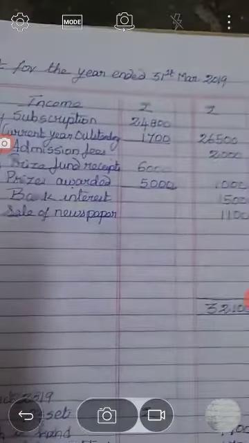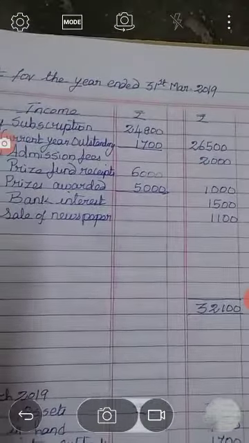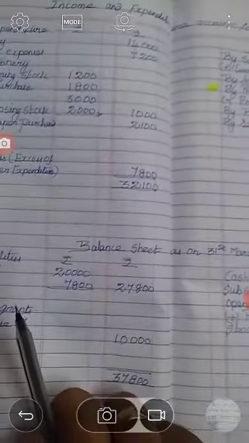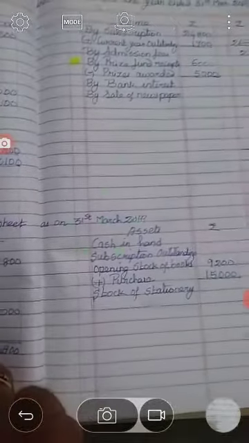Now you have to put a heading, income and expenditure account for the year ended 31st March 2019. Leave some space and you have to simultaneously open the balance sheet as on 31st March 2019.